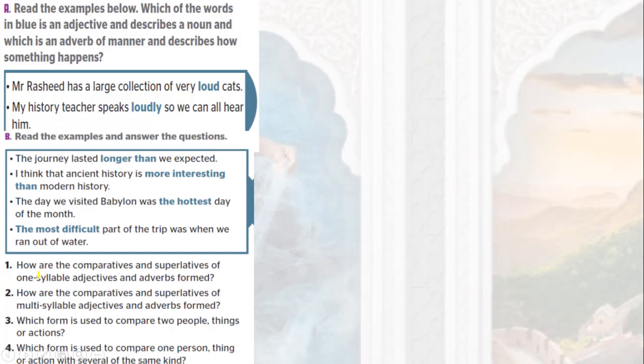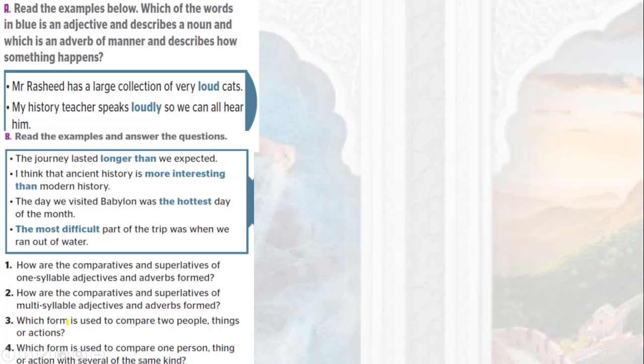Someone to read the questions. Yes, please, Radhi. How are the comparatives and superlatives of one-syllable adjectives and adverbs formed? And how are the comparatives and superlatives of multi-syllable adjectives and adverbs formed?